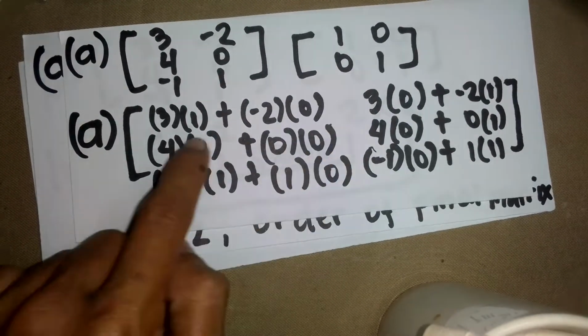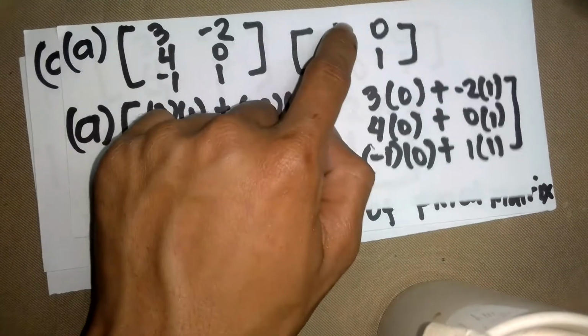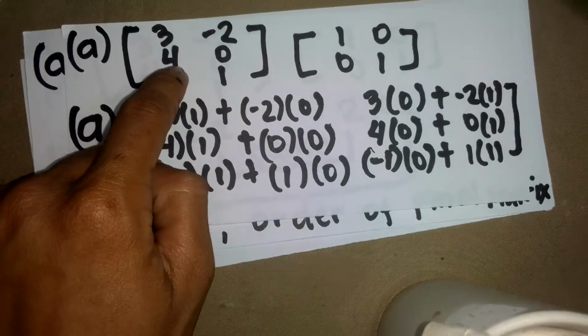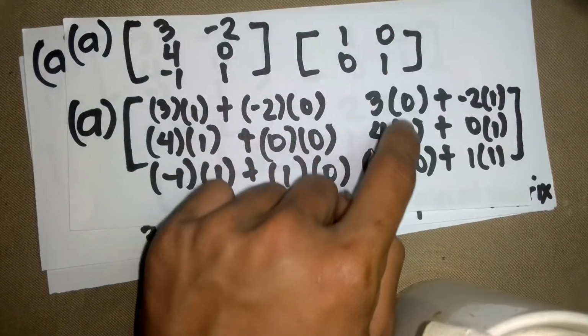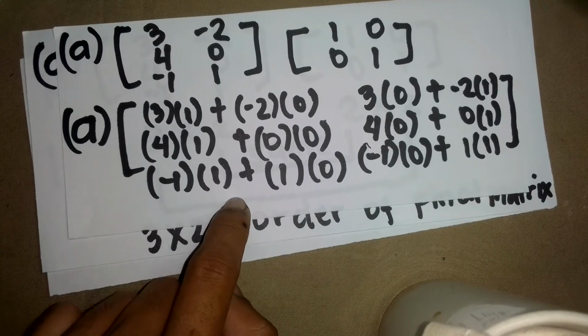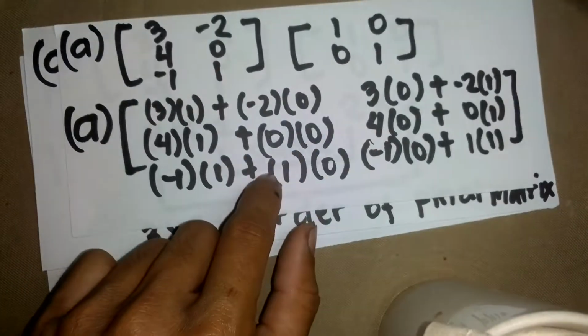For this one, we multiply the second row to the first column. For this, we multiply the second row to the second column. For our last row, we multiply the third row to the first column.